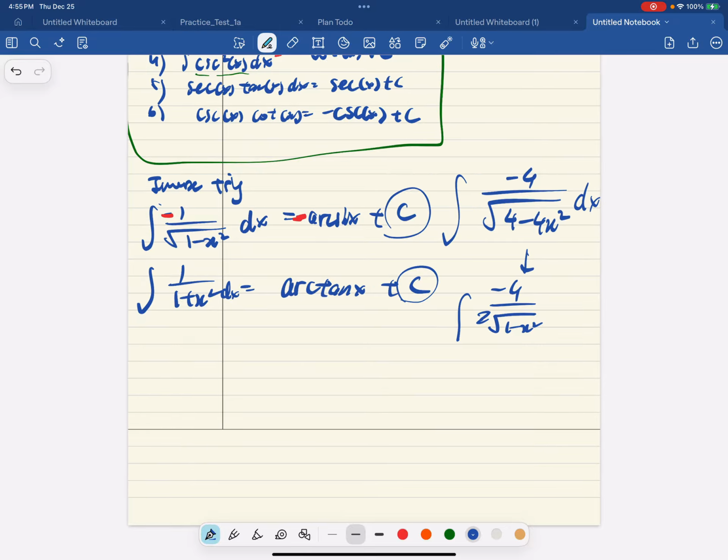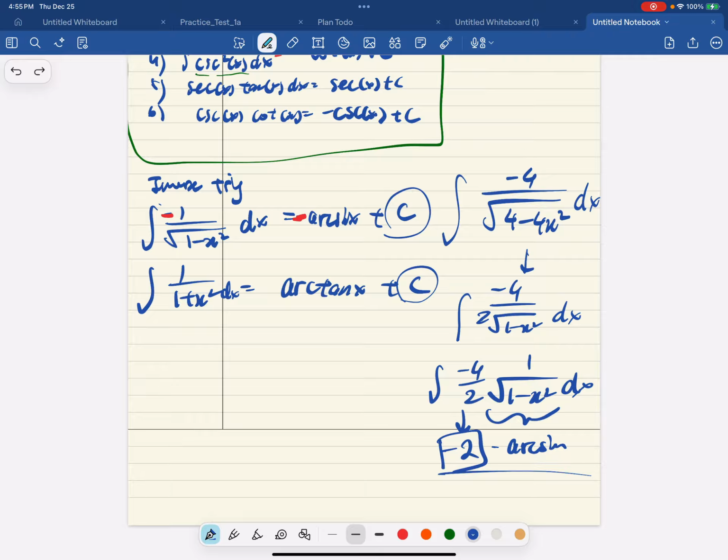And then even more clearly, that's a minus 4 over 2, and 1 over 1 minus x squared. So tada, you have an arc sine here now. And it's just a constant, so it just comes along. So it's minus 2 times arc sine of x. And that's the answer. Otherwise, if the constant was negative, it just applies everywhere, because constant, negative or positive, doesn't matter, just sticks around everywhere.